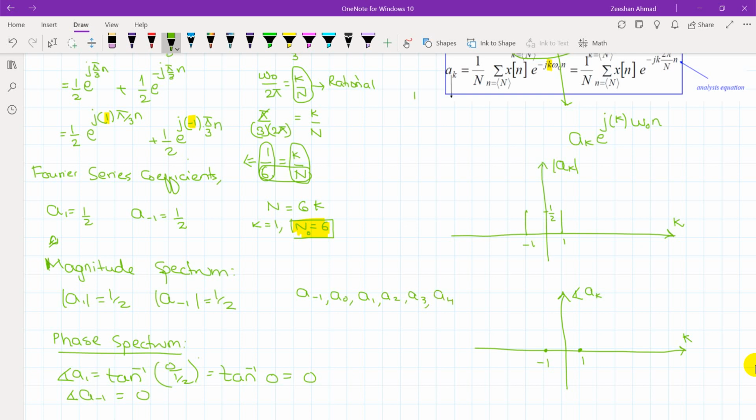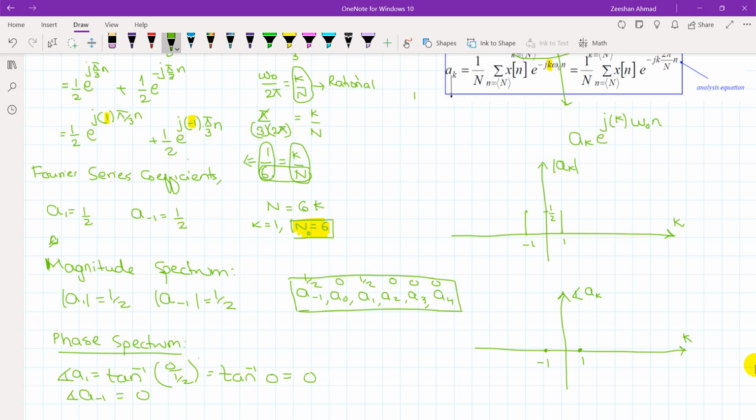So total 6 here. So I'm going to have my Fourier series coefficients for these values. Obviously this is half, this will be 0, this is again half, and this is 0, 0 and 0 here, and after that it will repeat again.